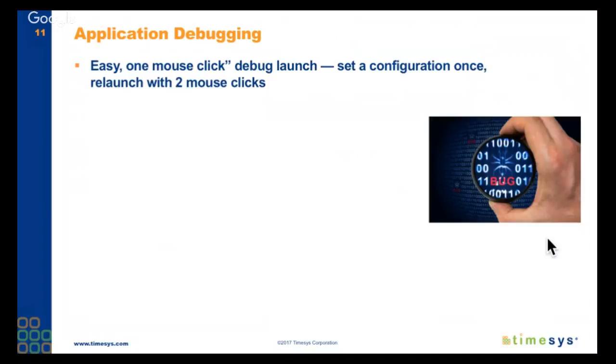So I can take a look at the registers, I can take a look at variables, and IDEs help us with the process, but also expose more information to us at once.